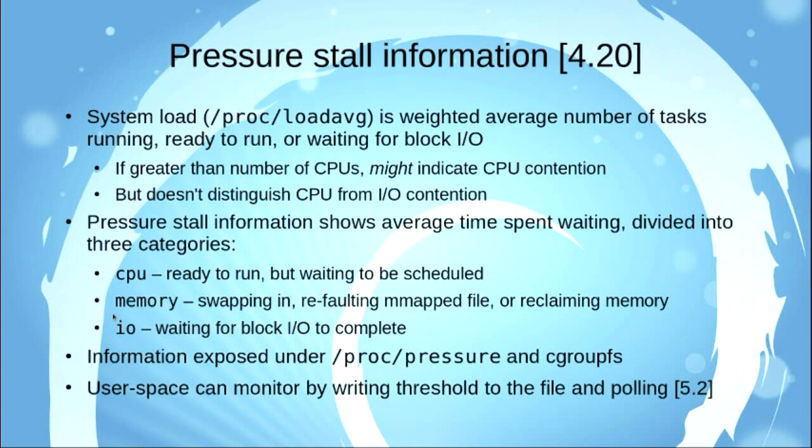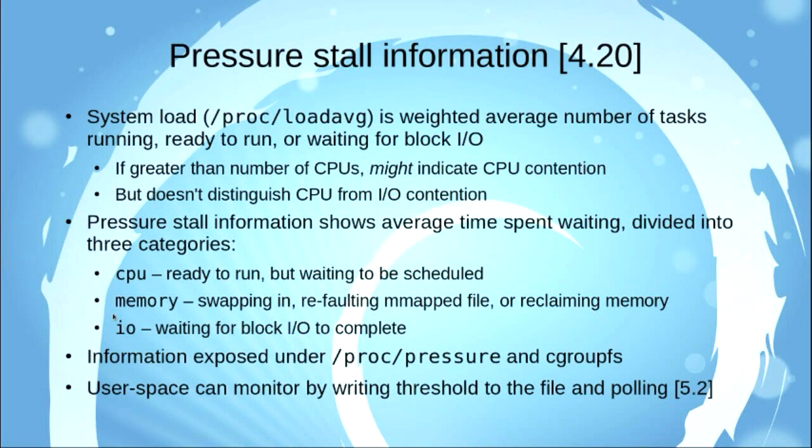So system administrators are generally familiar with the concept of system load, which is exposed through /proc/loadavg and through the uptime command, and usually gathered by your system monitoring software. That is a weighted average number of tasks running or ready to run or waiting for block I/O.